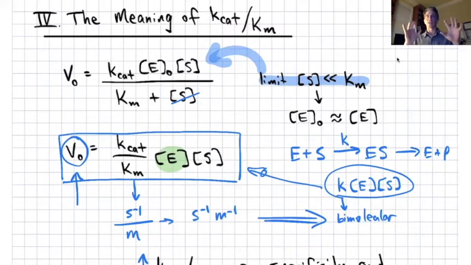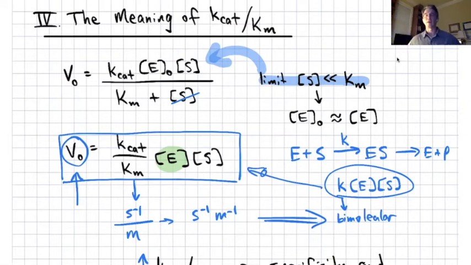All right, so big flashing red sign. This leads some people to think that kcat over km only applies when the concentration of substrate is much lower than the km. That is wrong. Underlined, big red sign, flashing, flashing, flashing light.